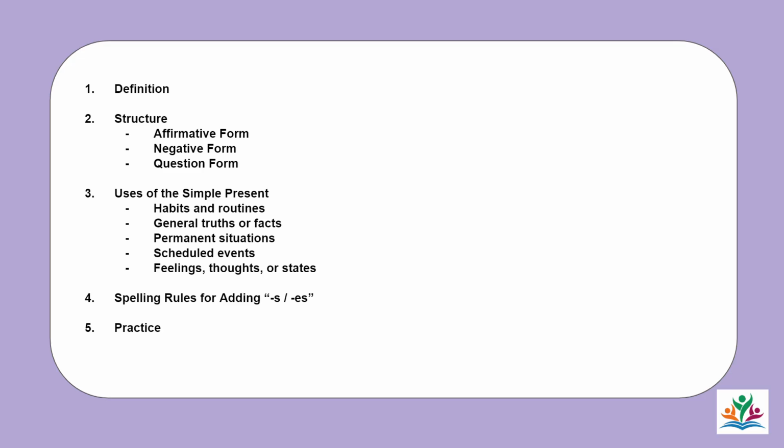So, we need to add an S at the end of the verb when the pronoun is he, she, or it. Finally, we will finish with some fun exercises to help you use the simple present tense naturally in your own sentences.